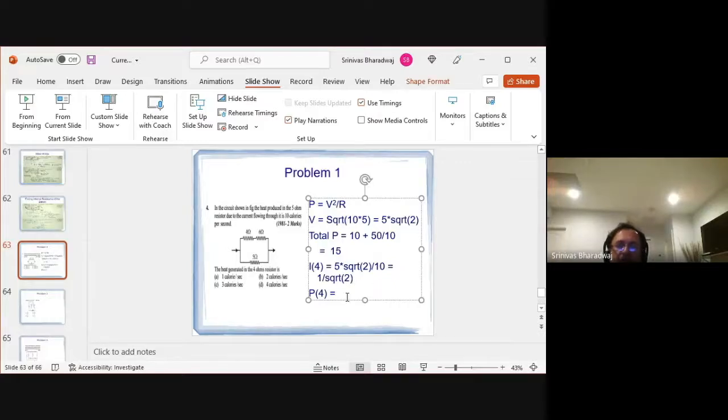So P4 is I square times R. That is equal to, I square is 1 by 2, times 4, equals 2 calories.